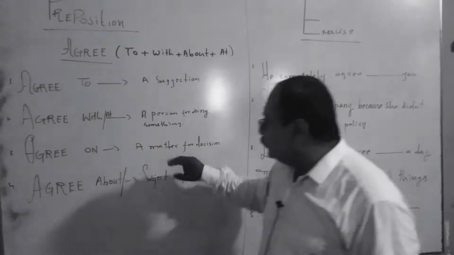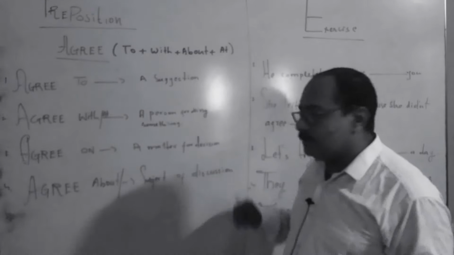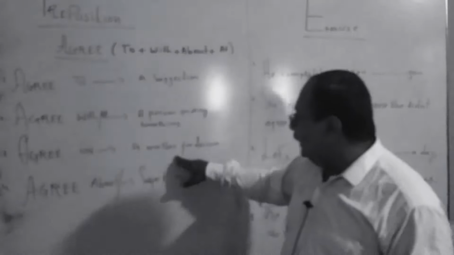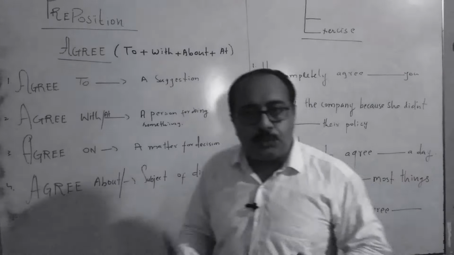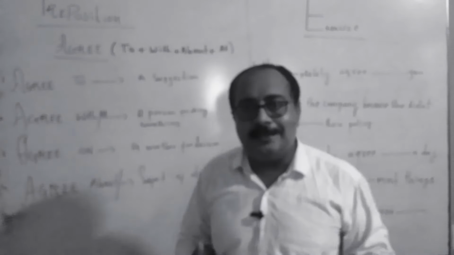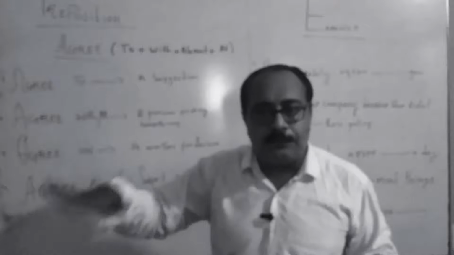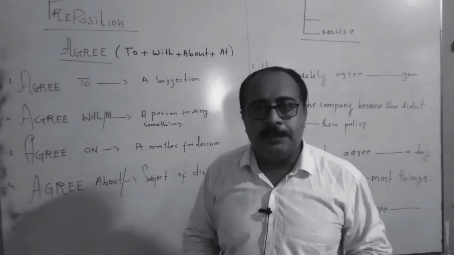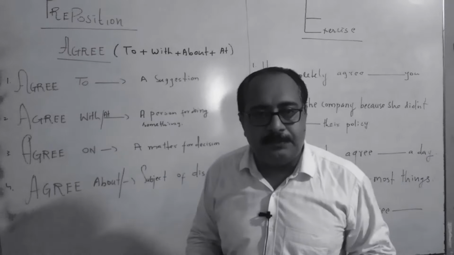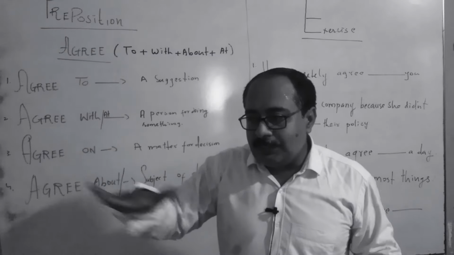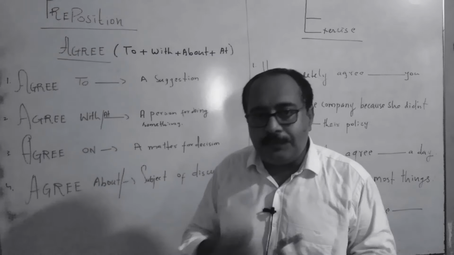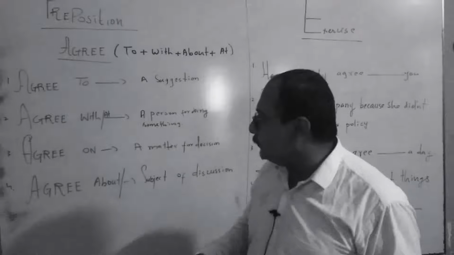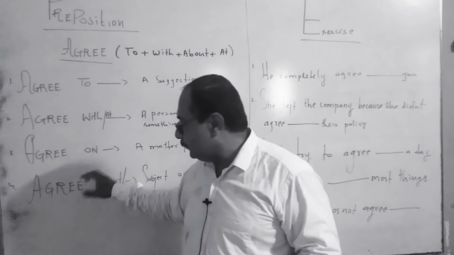Agree on will be used when a matter is being discussed, when a date or day has been arranged and some decision has been taken. Whenever we talk about a decision, we are supposed to use agree on.